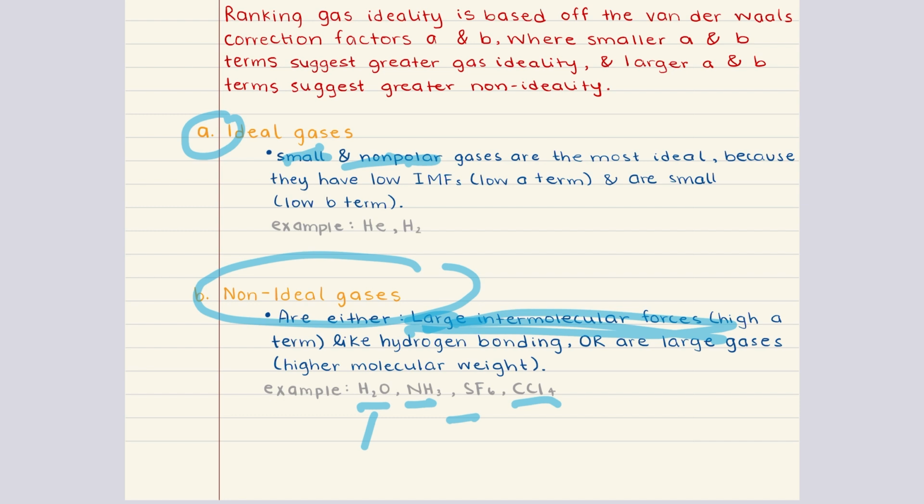They can actually attract each other through intermolecular forces, and that makes them deviate from ideality. Ammonia, similar to water, ammonia molecules attract each other. That leads to deviations. Then for sulfur hexafluoride and carbon tetrachloride, these molecules are much larger than hydrogen or helium, so their volumes cannot be ignored.